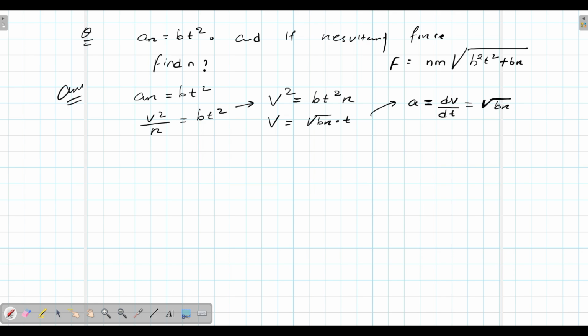Force equals mass into acceleration. Mass into acceleration equals how much?